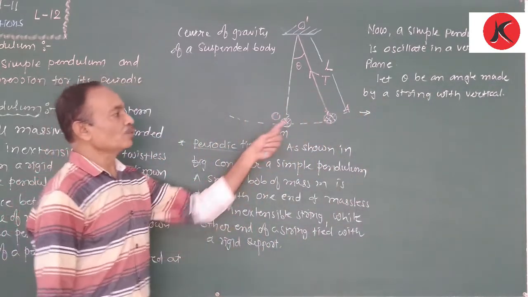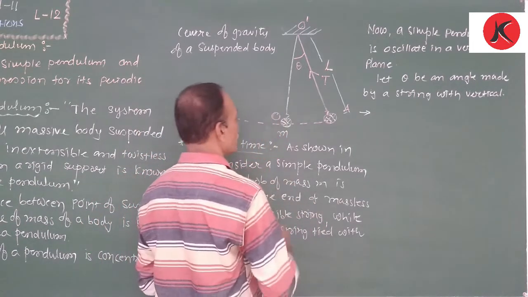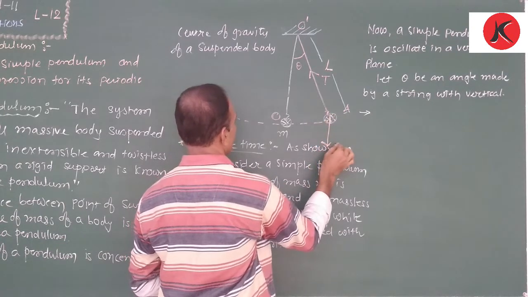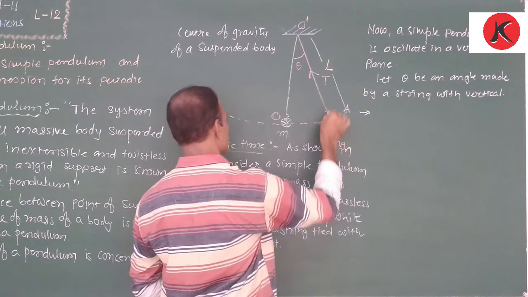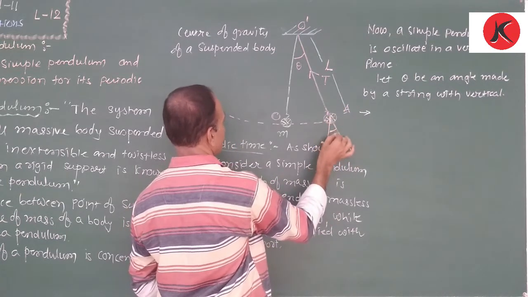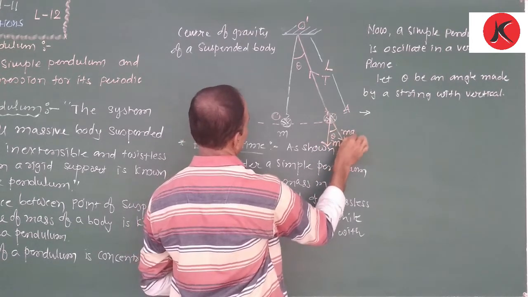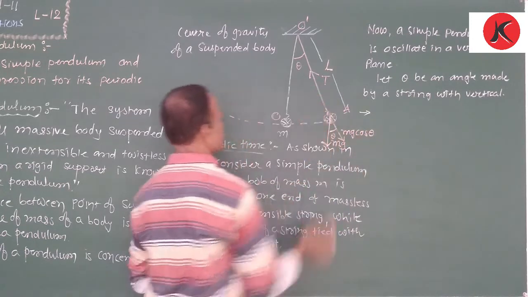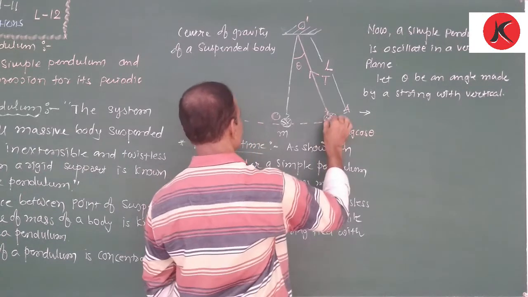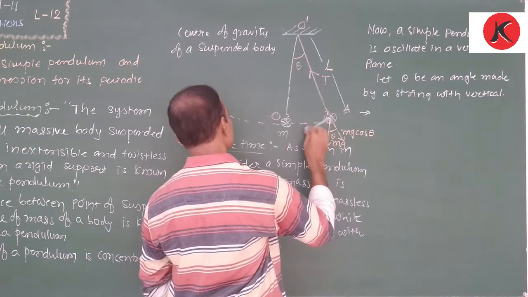So there are two forces acting on the body. One is the weight force mg, acting in the downward direction. Now there is the direction of the string. Here the angle subtended is theta. So this component is mg cos theta, the parallel component, and another component is mg sin theta.